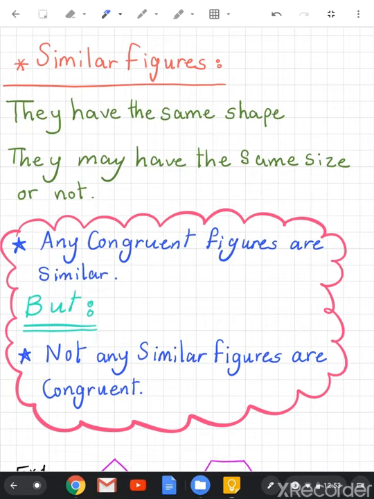Why? Because similar figures can have different sizes. They have the same shape, but they can be different in size.